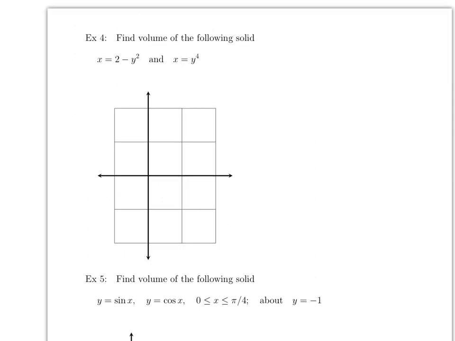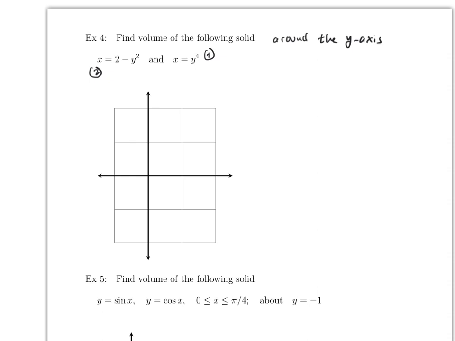All right, so now let's try some examples that are a little bit more tricky. We haven't done any where you rotate around the y-axis, so let's do that right now. First, let's graph these two equations. Let's call this one equation 1 and this one equation 2. And let's say that I want to rotate around the y-axis.